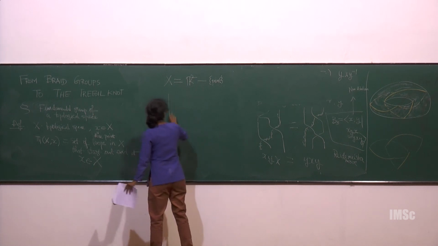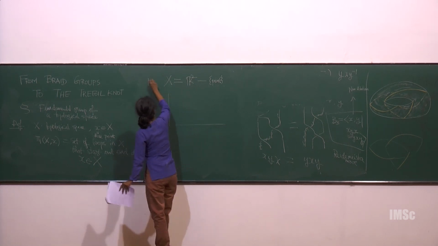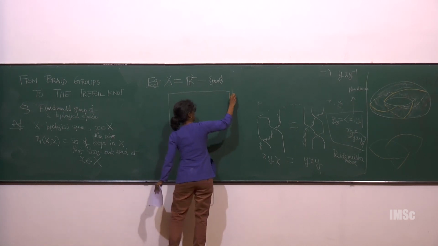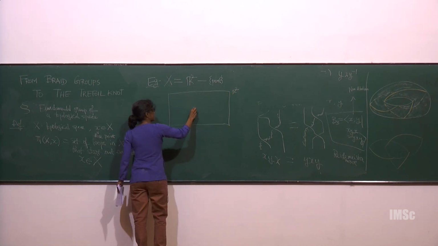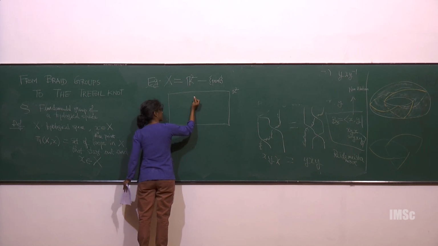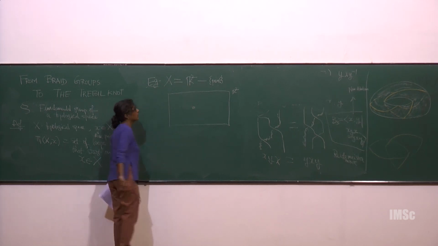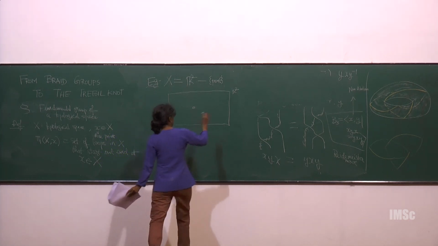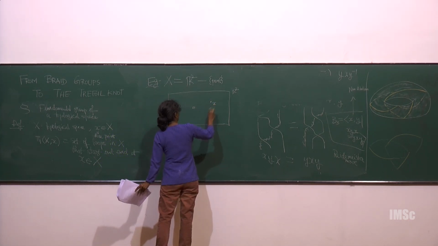So this is R2, and take out a single point. This point is not there. So this is my topological space, and I can choose my base point as any point.